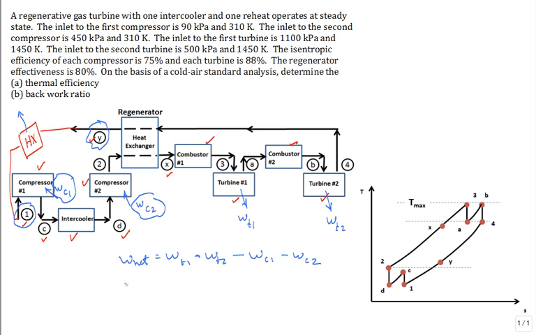And then where is the Q into the cycle? Well, it's going to be into the first combustor, combustor 1, into the second combustor, combustor 2. All right. Is there any other heat transfer into the cycle? Well, we do have heat transfer out in this intercooler.